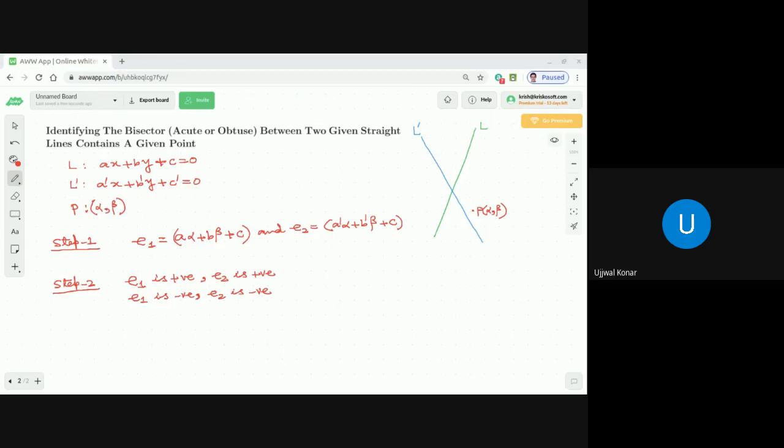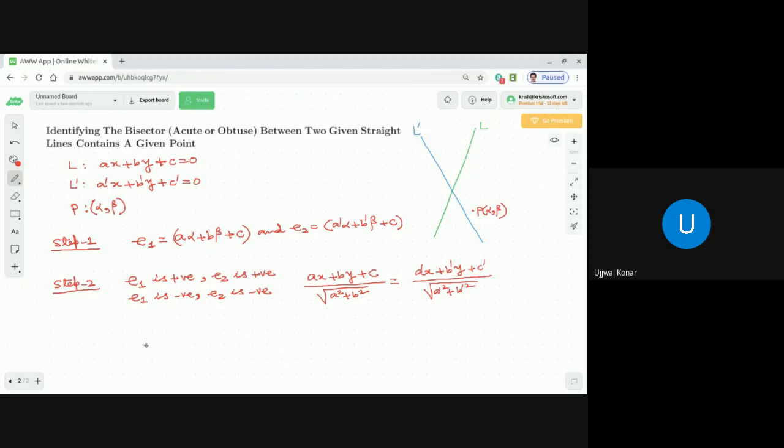We conclude that the bisector of the angle containing the point alpha comma beta is ax plus by plus c divided by square root of a square plus b square equal to a dash x plus b dash y plus c dash divided by square root of a dash square plus b dash square, if both E1 and E2 have the same sign.